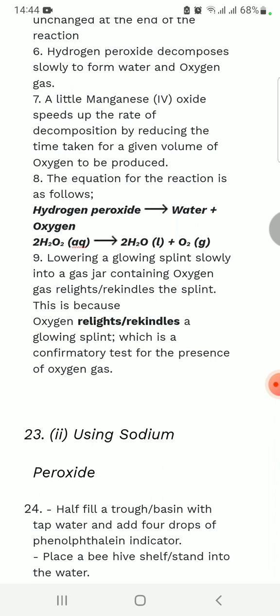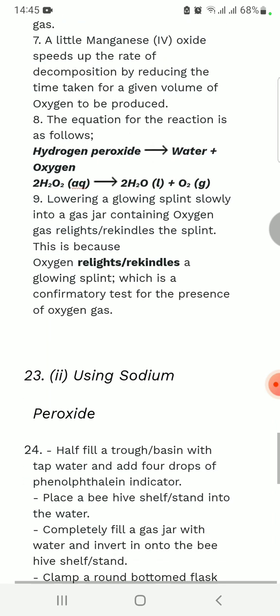That's how you produce oxygen gas using hydrogen peroxide. And how to confirm it? You use a glowing splint. We insert it into the gas jar, then it rekindles or lights. That's how you confirm the presence of oxygen.